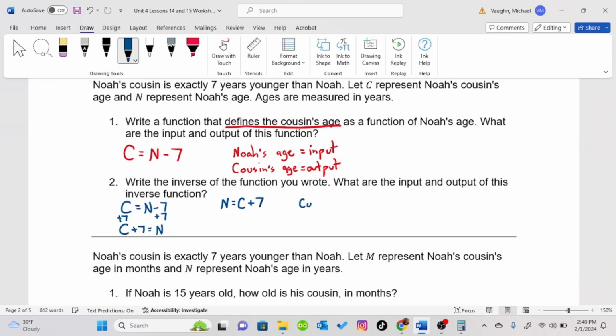So now the cousin's age is the input and Noah's age is the output. So the inverse function solves for the opposite variable.